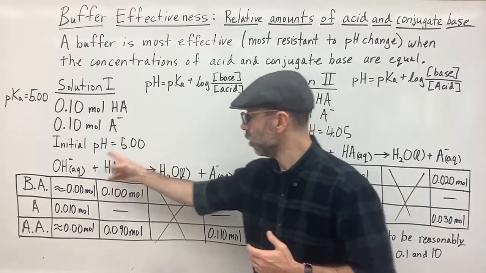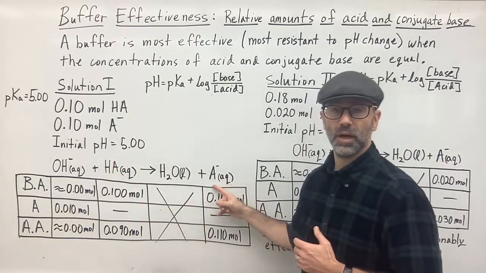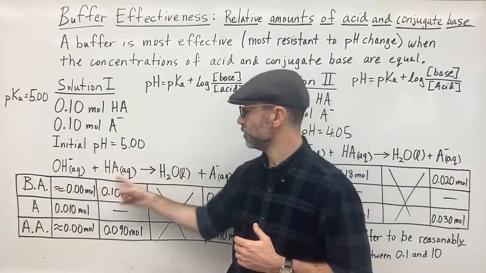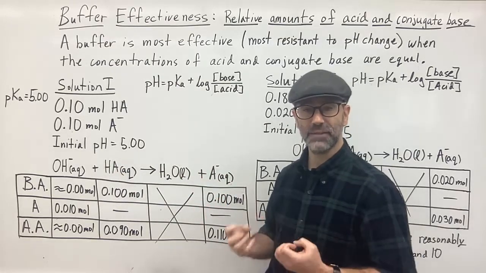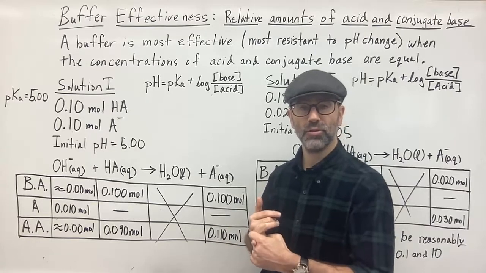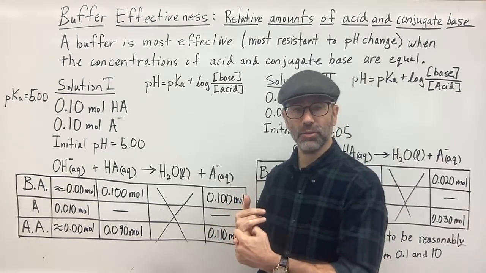And when you react it, that's going to produce more of the conjugate base. So it's a 1-to-1 ratio. Whatever you lose here, you gain here. So you have to do an ICE-like table where you have the initial amounts, the change, and the final amounts.